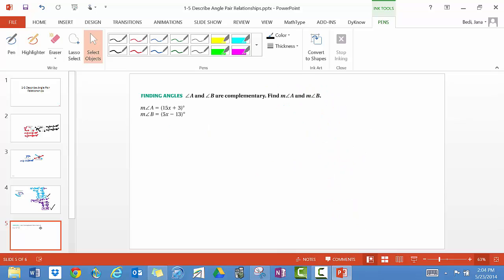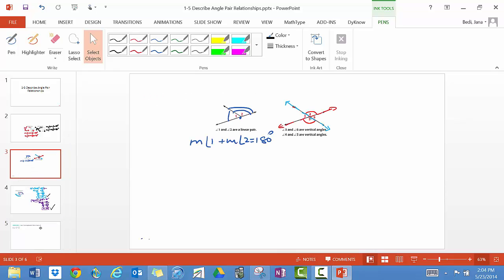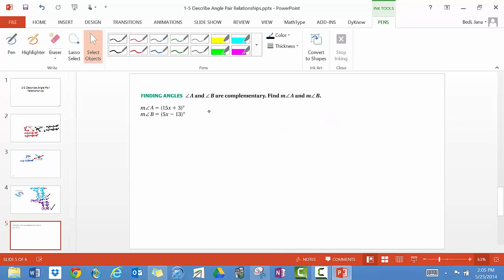So moving on to the next sample, the next question. It says angles A and B are complementary. So what does complementary mean? It means angles that add up to 90 degrees. So you just write an equation which says measure of angle A plus measure of angle B is equal to 90 degrees, and plug in your expressions here.